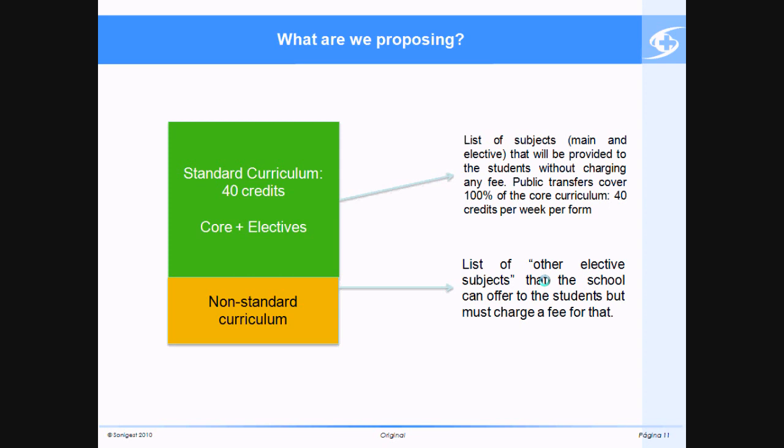Any other elective subjects outside of the standard curriculum, in other words, what might be termed the non-standard curriculum that the school wishes to offer, the school will have to identify its own resources for delivering such non-standard curriculum. That it may do by charging those students wishing to pursue those courses additional fees.